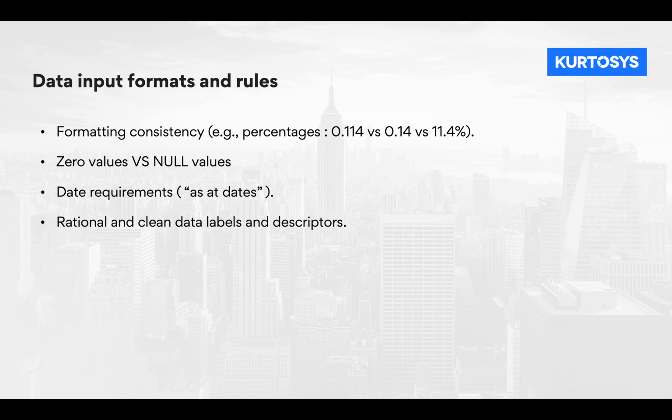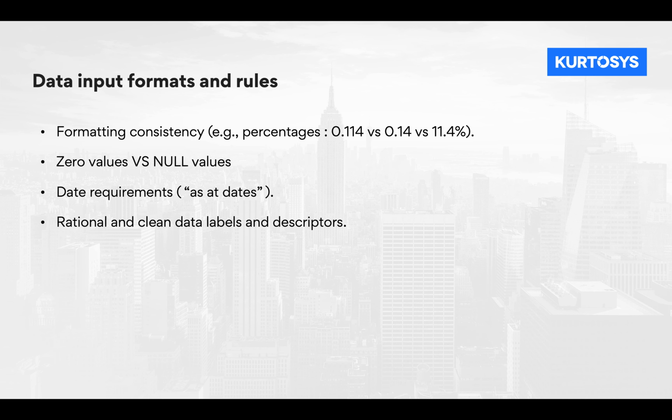For example, in our percentages, you could have a 0.114, you could have a 0.14, or you can have an 11.4%. Now, we prefer decimals over string, which means we prefer the 0.114 or the 0.14 over the 11.4%. And we will do the formatting from our side.